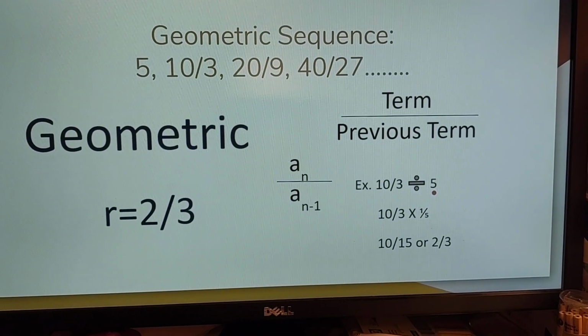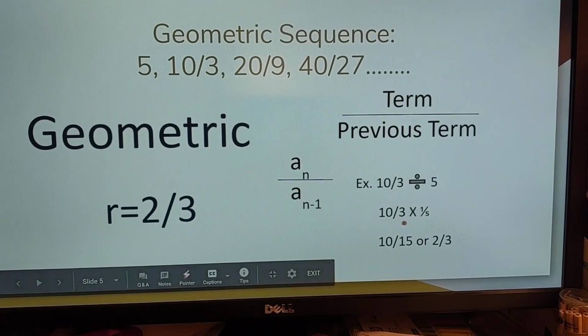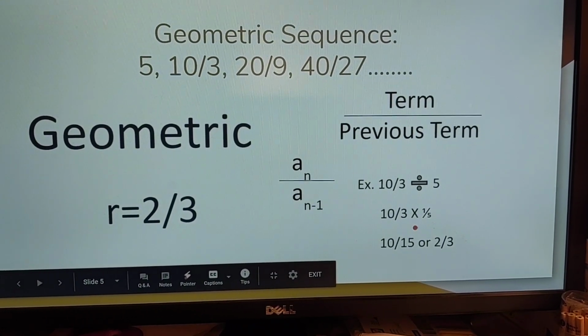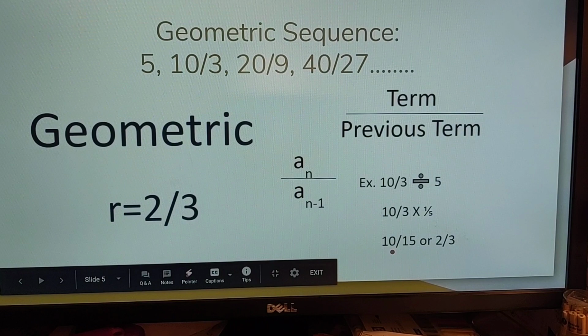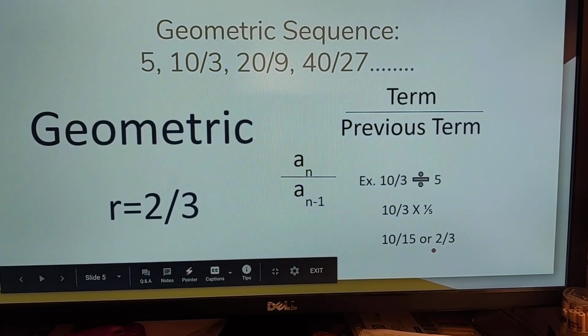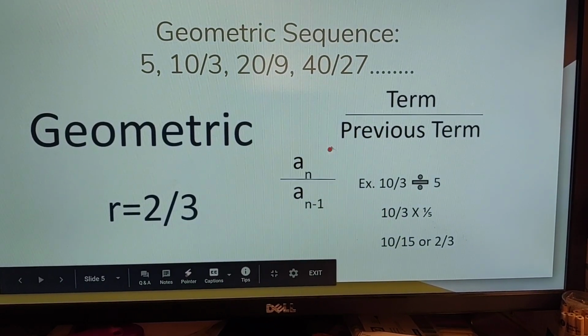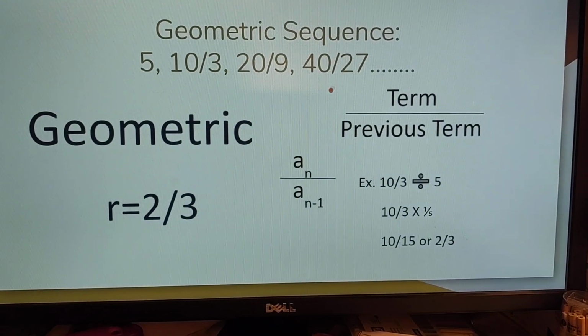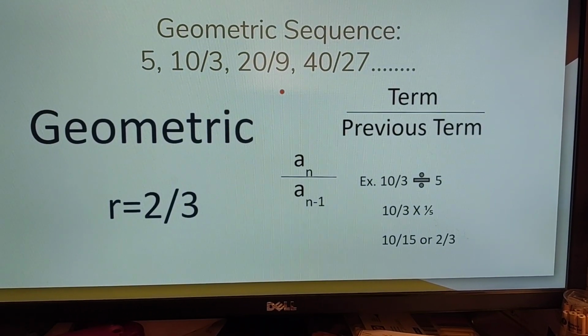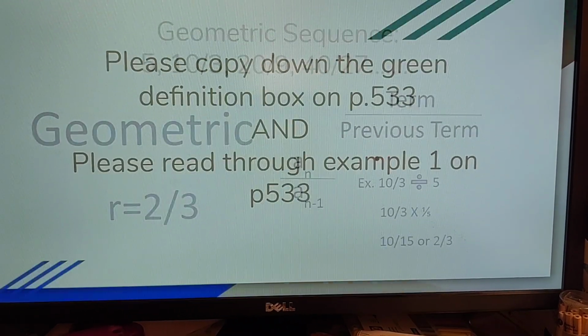I'll use keep, change, flip, so I flip my 5 into 1/5 and do 10/3 times 1/5. Multiplying the top, 10 times 1 is 10, and 3 times 5 is 15. 10/15 simplifies to 2/3, which is my common ratio. I could have done any two terms, so I could have done 20/9 divided by 10/3 or 40/27 divided by 20/9, and I would still get that common ratio of 2/3. It's a good way to do it.